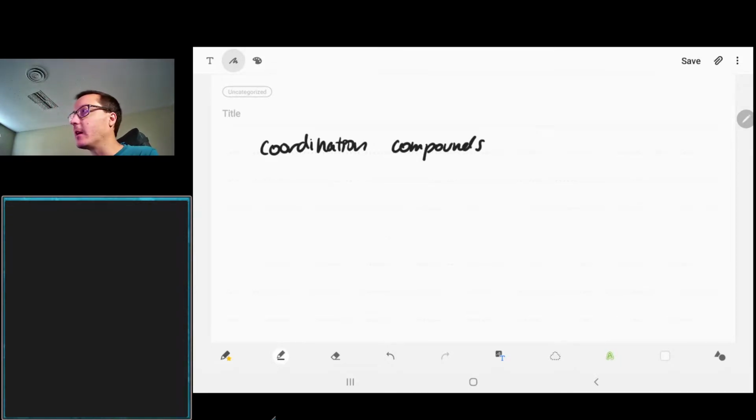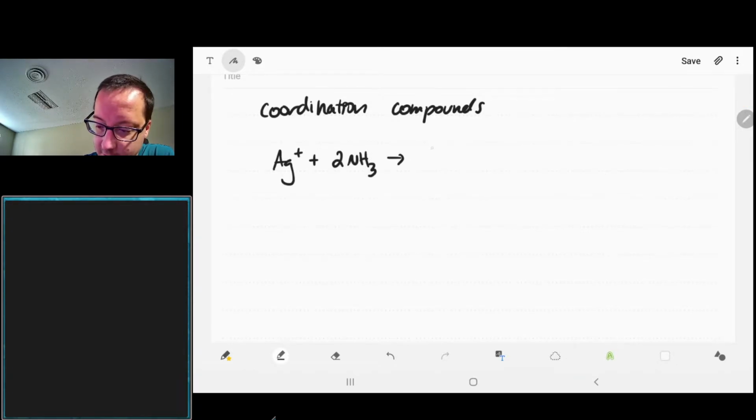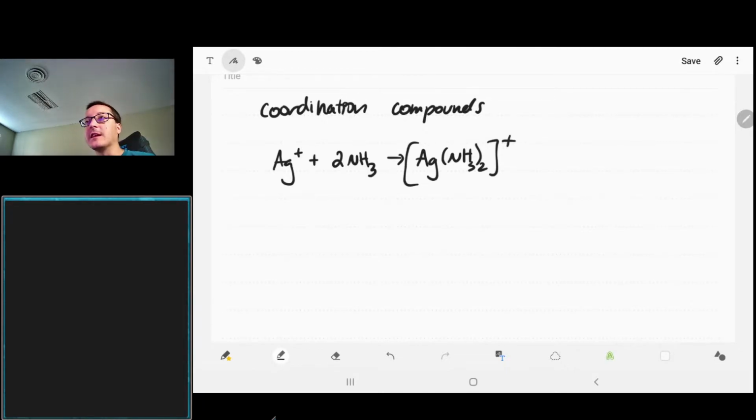Alrighty, welcome back. Today we are going to start talking about coordination compounds, although I suppose we have mentioned them many times in the past. For example, we see that we can get a coordination complex like this.